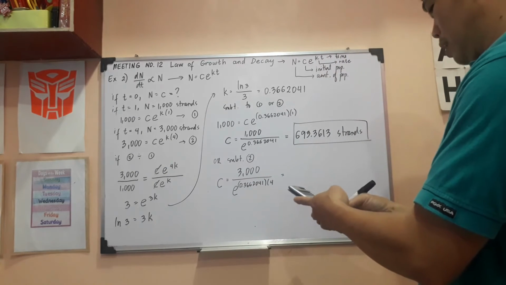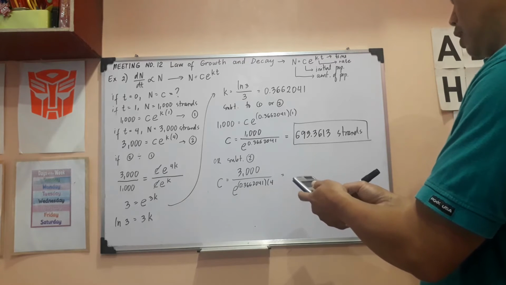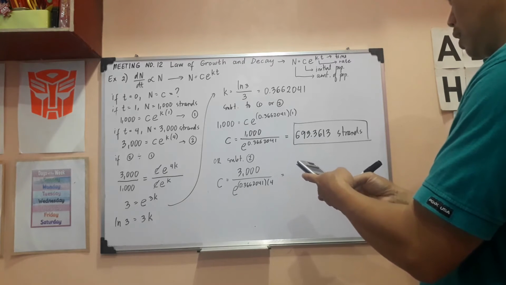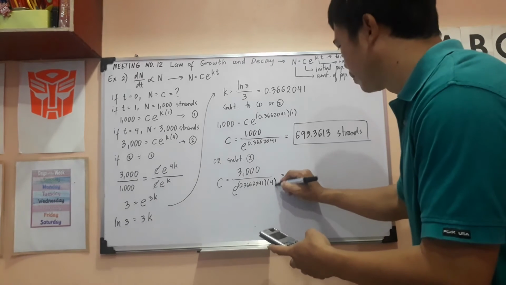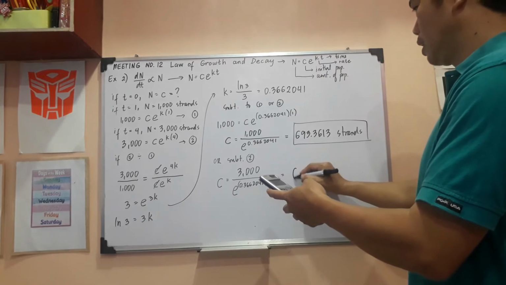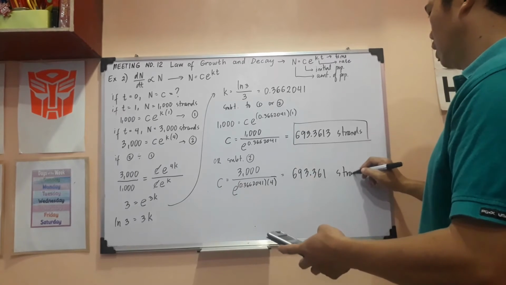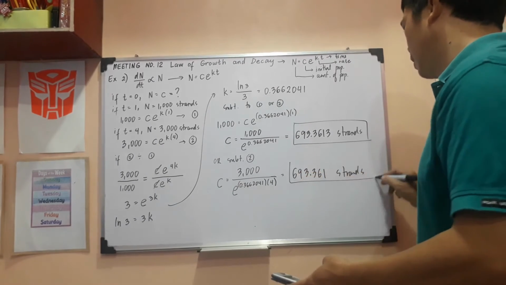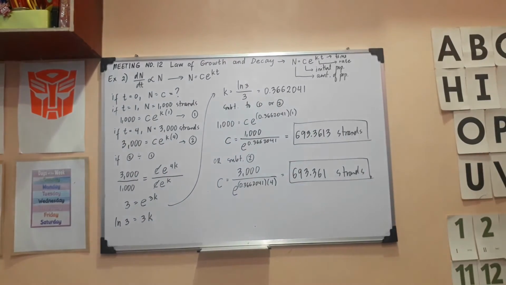So, let's try. 3,000 divided by e raised to 0.3662041 times 4 equals 693.361 strands. So, pareho lang guys ang sagot, ha? So, that is for example number 2.